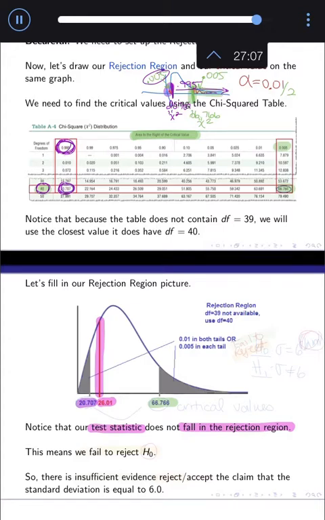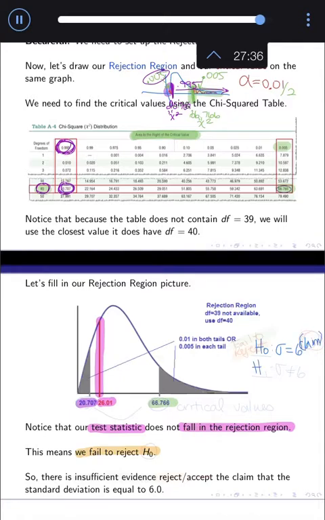What does it mean if it's not in the rejection region? Remember, it means that we're going to fail to reject H naught. So let's remind ourselves what H naught was. Well, remember that H naught was that the standard deviation, sigma, is equal to 6, and that was our claim.